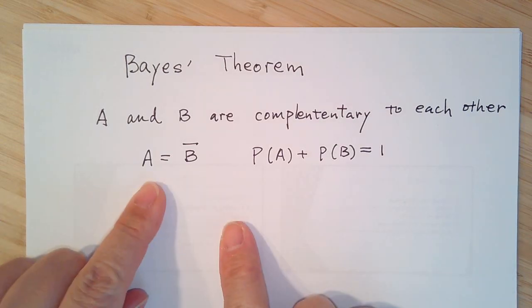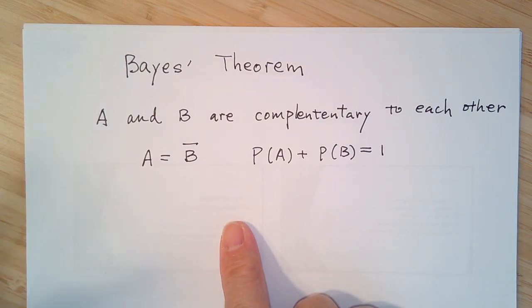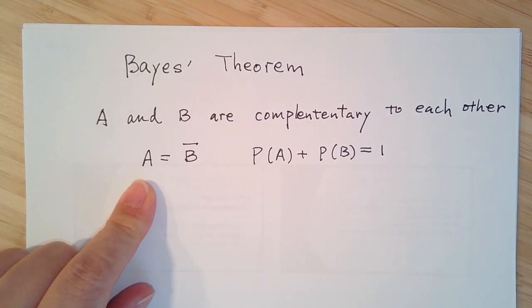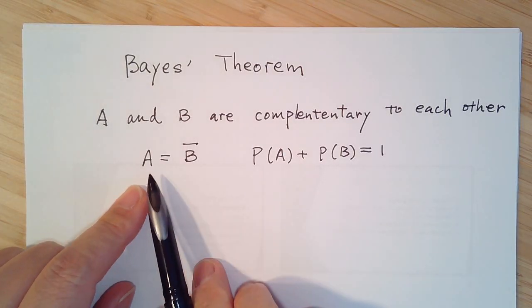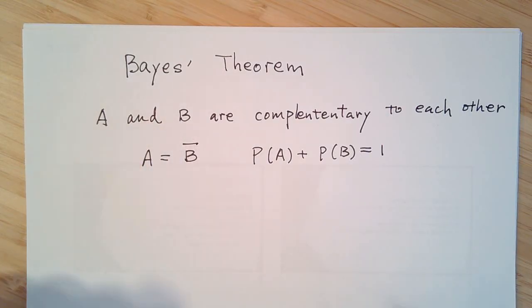So for example, if A is an event that someone was born in Virginia, and if you randomly pick one person, what is the event that he or she was born in Virginia? And B is he or she was not born in Virginia. So either in Virginia or not in Virginia, that just became the whole space. That's all the possibilities.